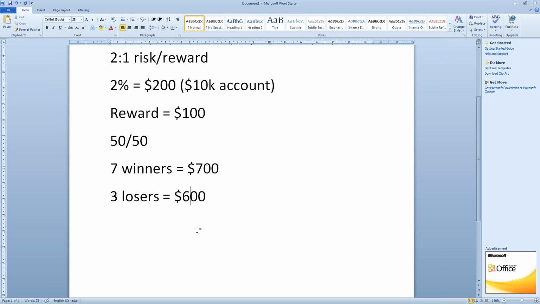If we have a system where we can get 7 winners and 3 losers out of every 10 trades, we will make money. Yes, we're only making $100 here, but at least we're making a profit.